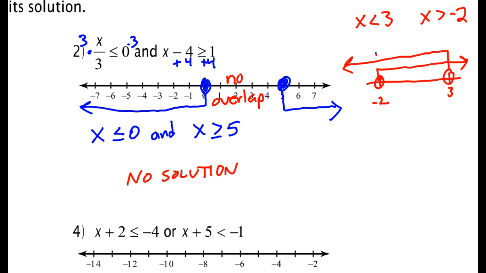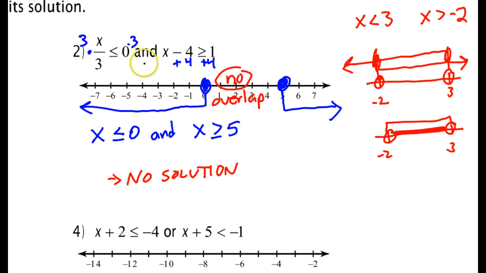So the answer is right here. From here to here, they overlap. So the answer would simply be from negative 2 to 3. And that would be your final answer. It's when they're connected, right? But here, you don't have that overlap. So, no overlap, no solution.